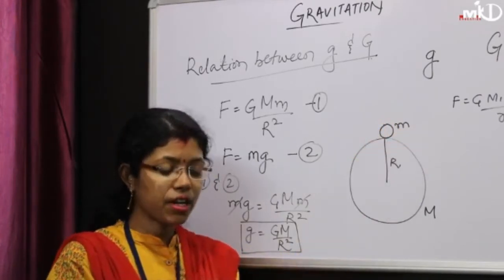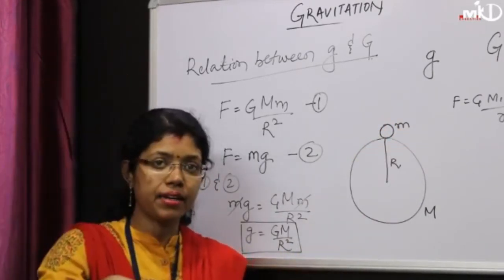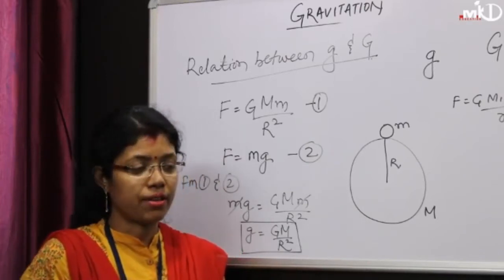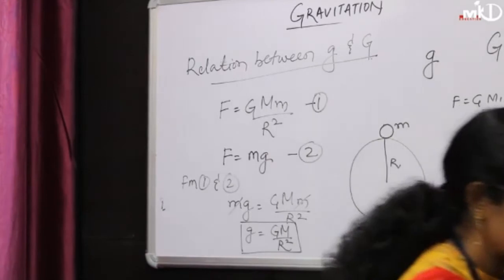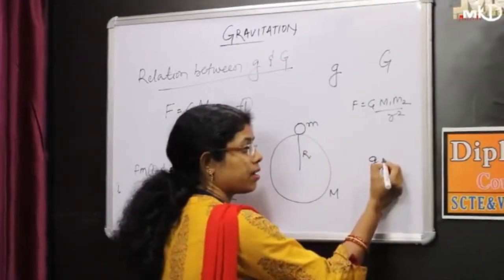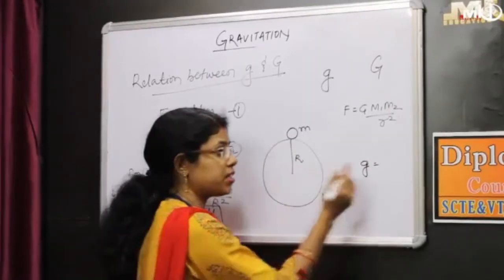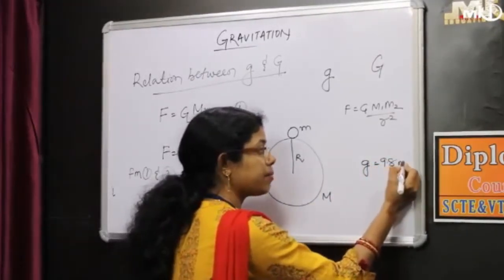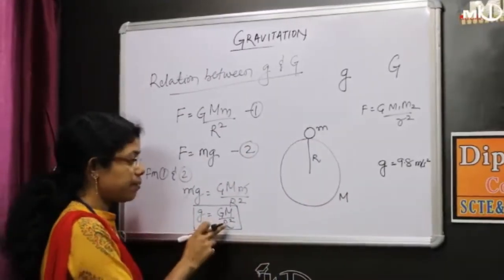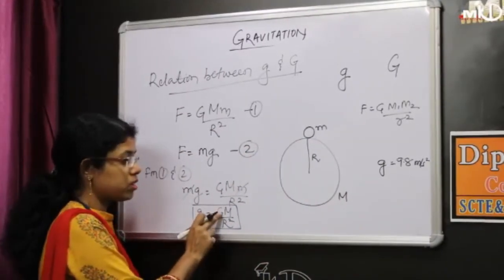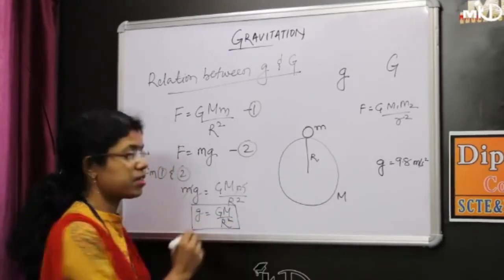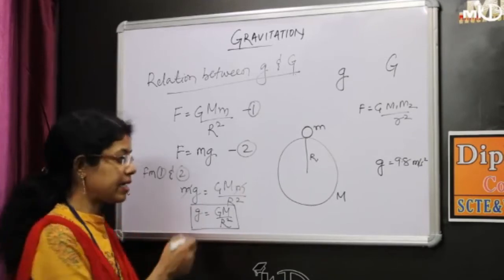So anything we throw from a certain height, every body will have the same acceleration due to gravity. The value of acceleration due to gravity for Earth is 9.8 meter per second square. g is equal to G M upon r square. This is the relation between small g and capital G.